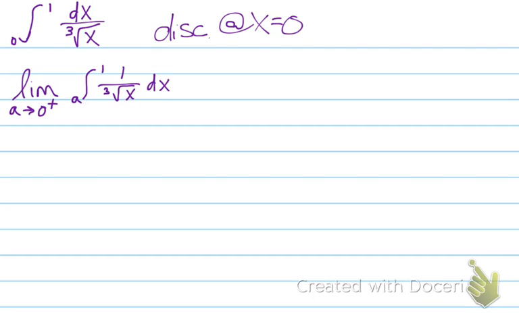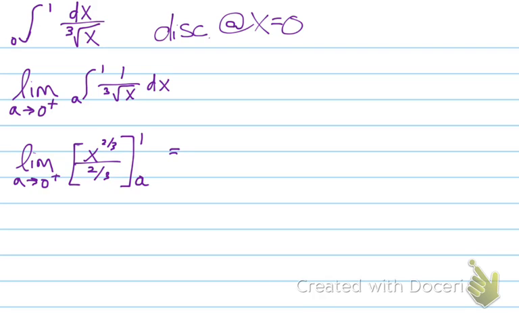If you take the integral of 1 over the cubed root of x, which is also x to the negative 1/3 power, you bump up negative 1/3, you get 2/3, and divide by 2/3. So this would be the limit as a approaches 0 from the right-hand side of x to the 2/3 divided by 2/3 from a to 1.